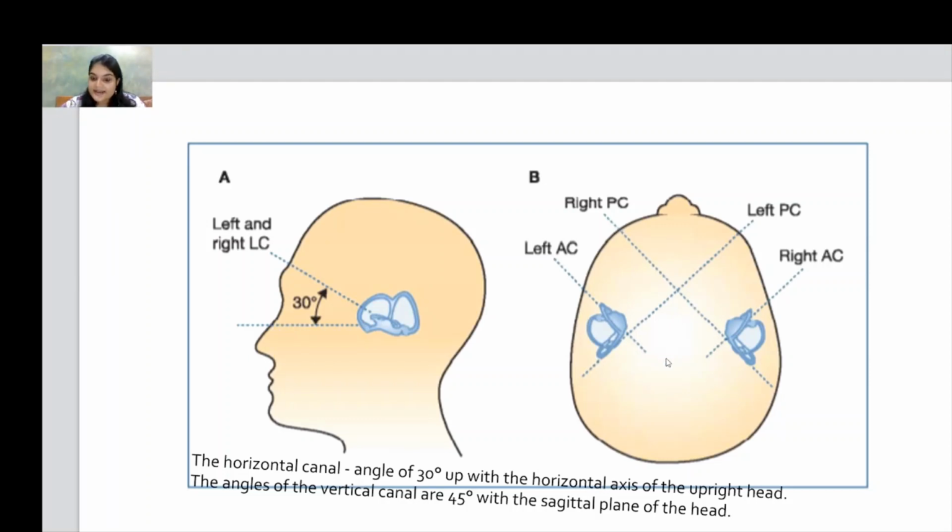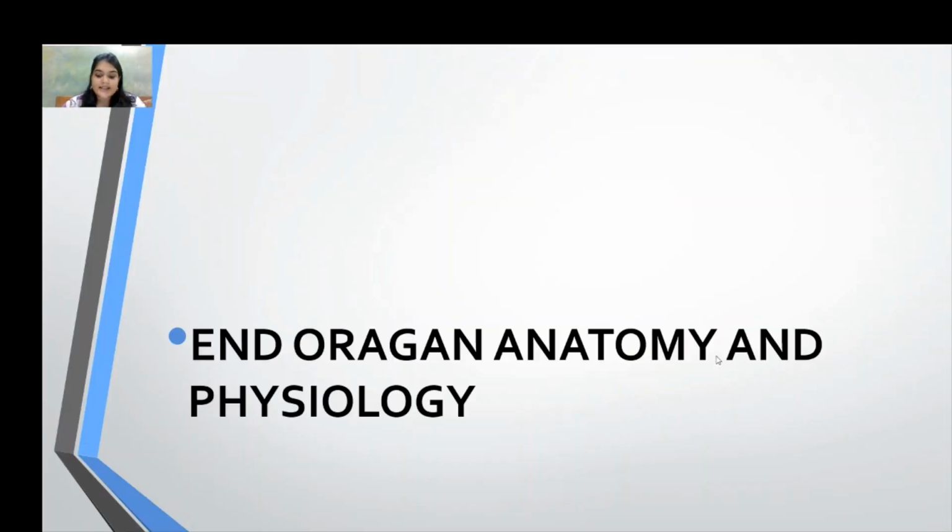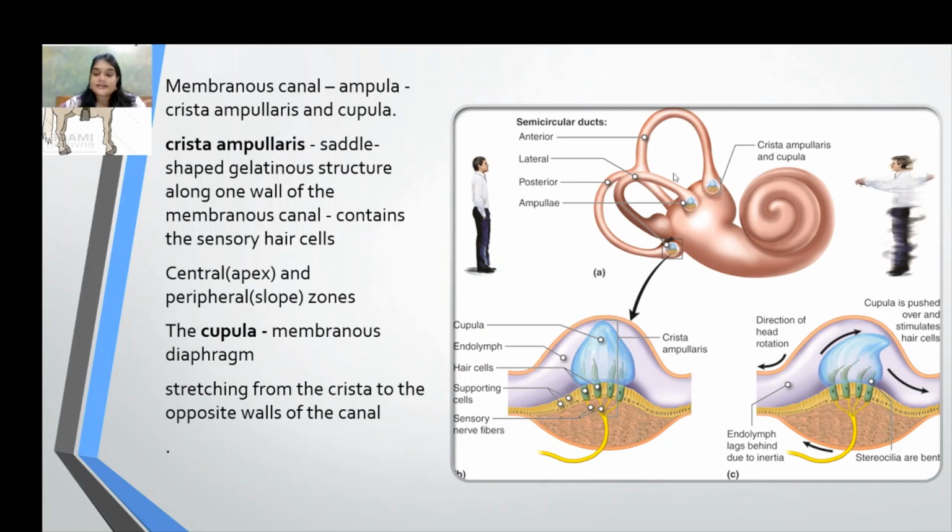So the left anterior canal and right posterior canal are in a parallel plane known as the left anterior right posterior, LARP, plane. The right anterior canal pairs with the left posterior canal, that is known as the right anterior left posterior, RALP, plane.